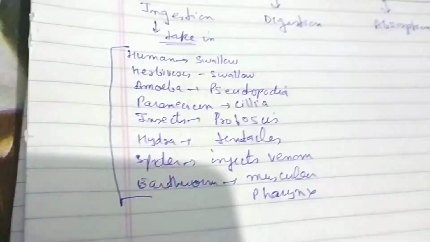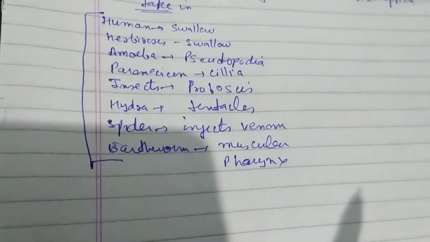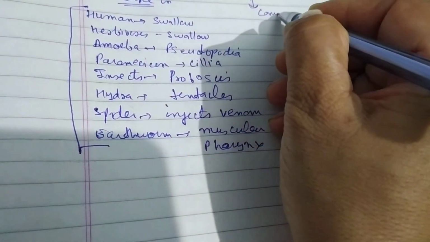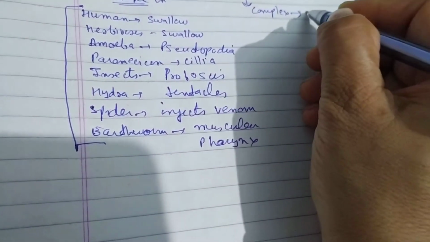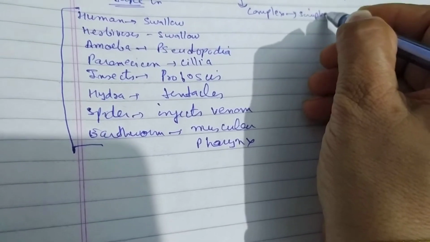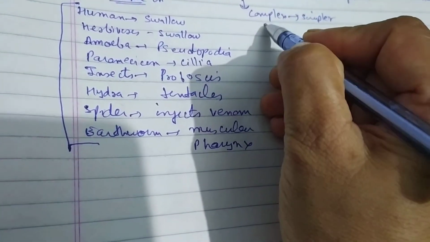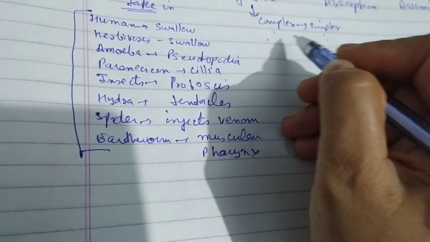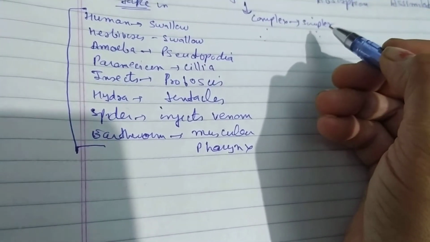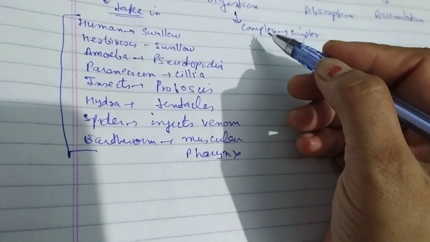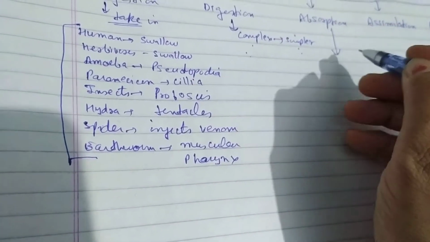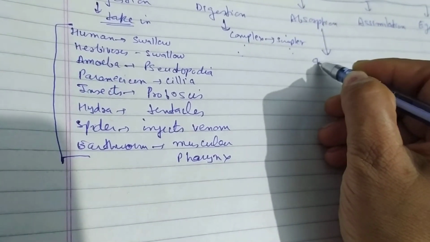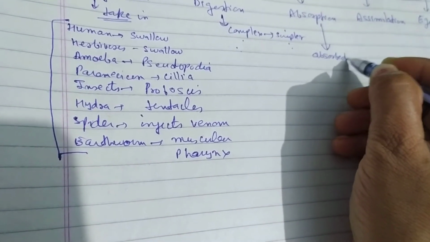Now secondly there are digestion, absorption, assimilation, and egestion. Digestion means breaking the complex food into simpler substances. What do you mean by that? Proteins get converted into amino acids, fat into fatty acids and glycerol, carbohydrates into simple sugars. Absorption is how the simpler substances are absorbed in the blood.